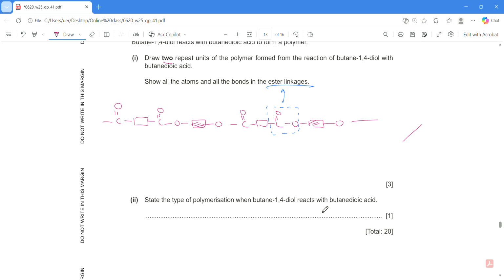Number 2, state the type of polymerization of this acid. This type of polymerization, where you lose H and OH to form water, is called condensation polymerization. For addition polymerization, it only happens in alkenes with the double bond. For that one, you just have to break the double bond and repeat the same structure.